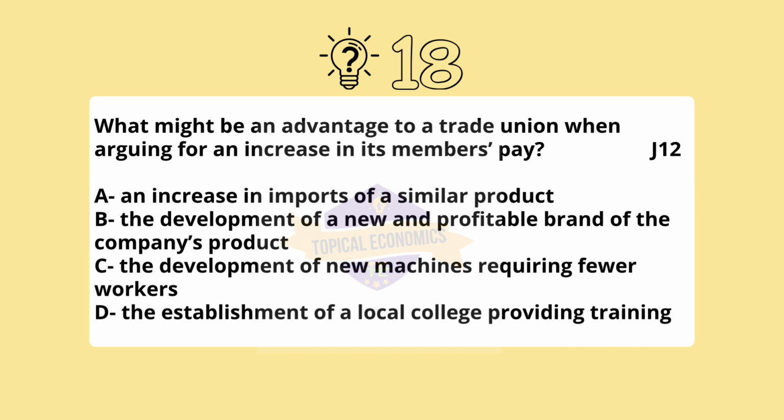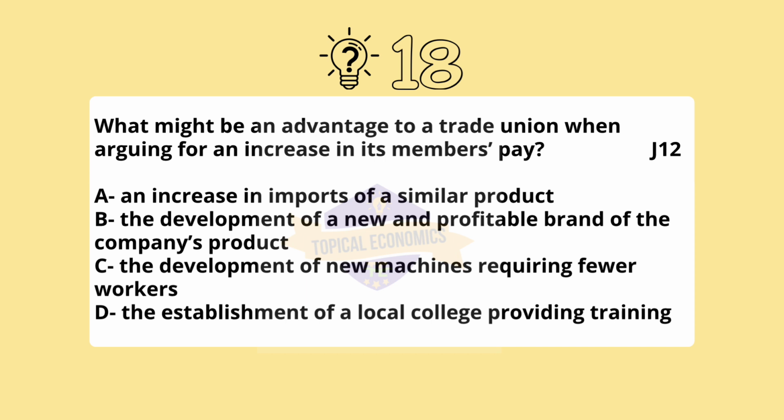So if a company develops a new and profitable brand, it likely indicates increased revenue and profits. So this financial success provides a strong basis for the union to argue for higher wages, as the company can afford to pay its workers more.